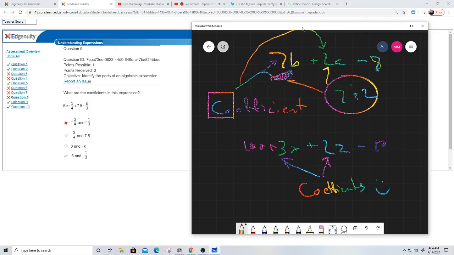One more thing before we wrap this one up. Let's say we have 2/3 x. 2/3 is still a coefficient. If we have x over 2, and this one might be a little tricky, but the coefficient here is just 1 over 2.